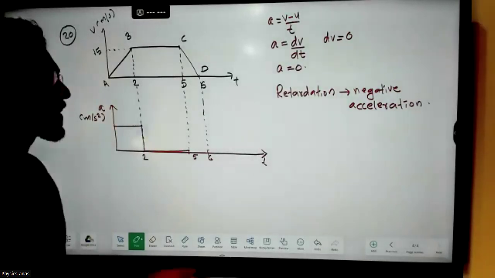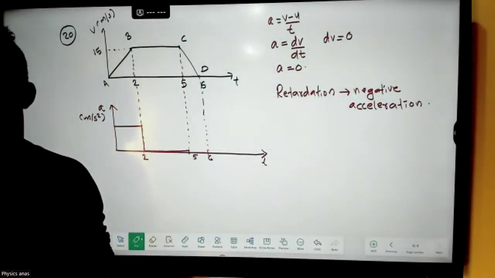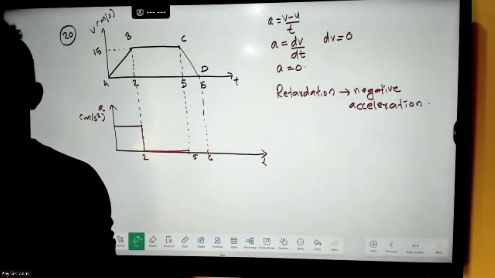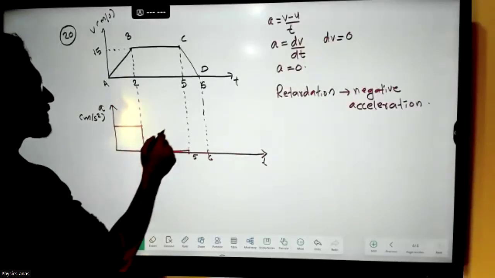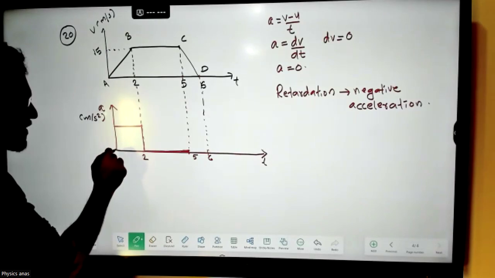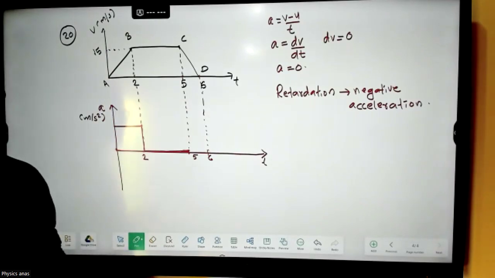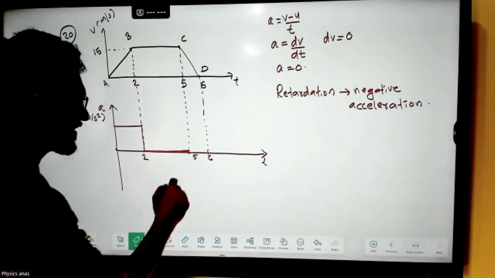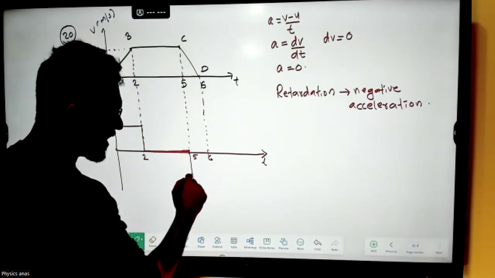So from C to D, you have a negative acceleration or retardation. How can you represent a negative acceleration? Yeah, down. Good.